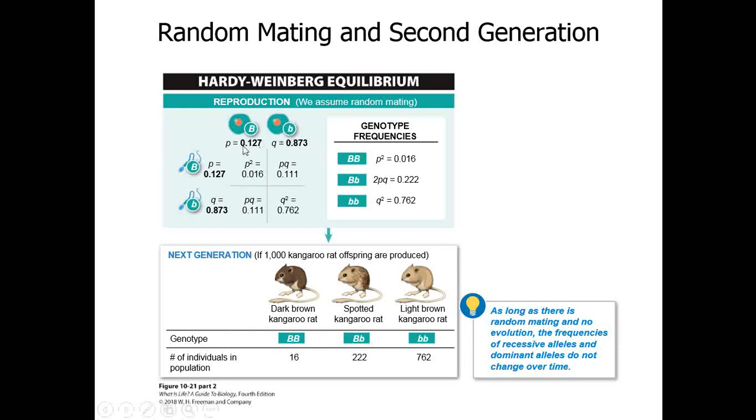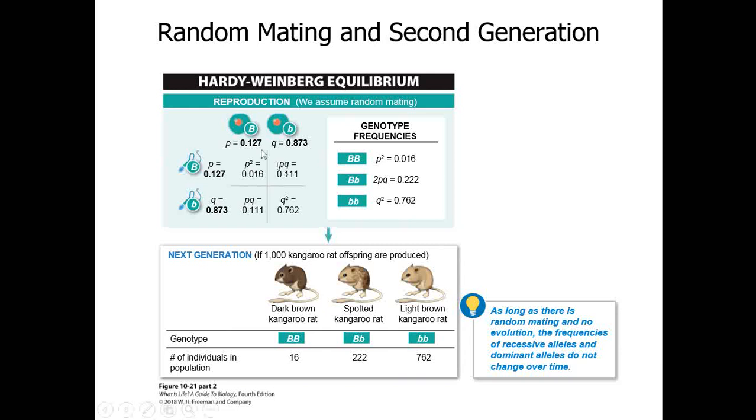And so depending on how their eggs and sperm get together, this is going to be the percentage that you're going to get for a homozygous dominant individual. So we do 0.127 times 0.127 is 0.016, so 1.6% of this population, or of the births from these parents, is going to be a homozygous dominant individual, okay? That's where that number comes from.